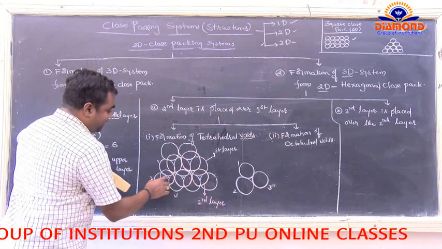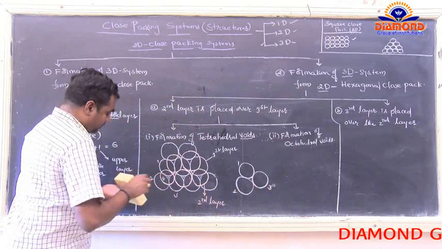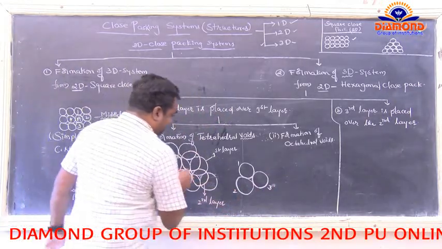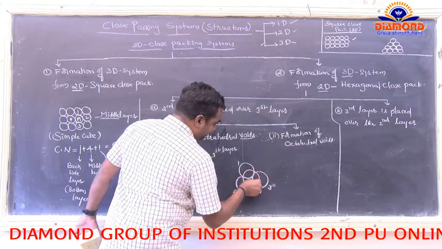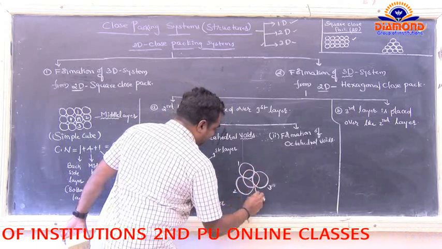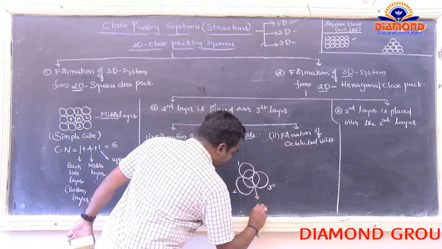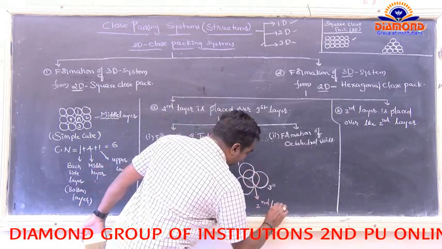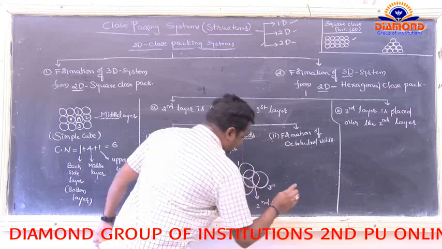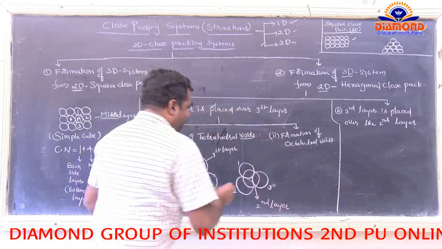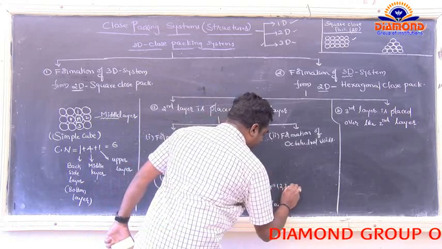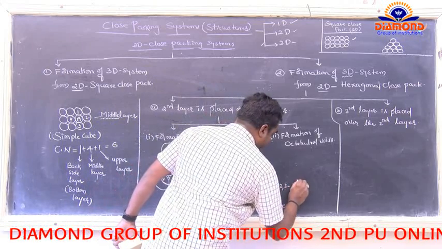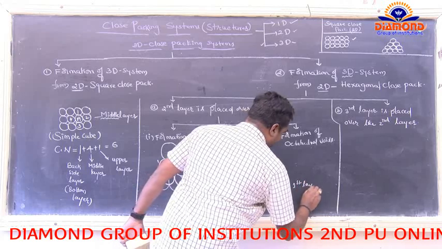Now above this we get the 4th one, the supplement atom. This atom belongs to the second layer, and atoms 1, 2, 3 belong to the first layer.